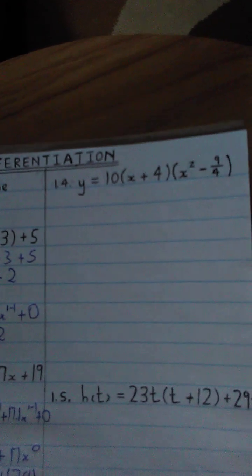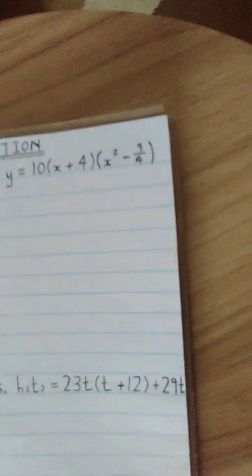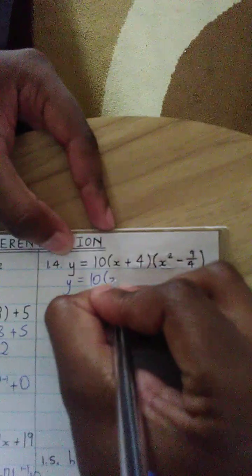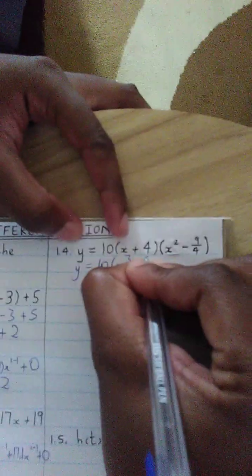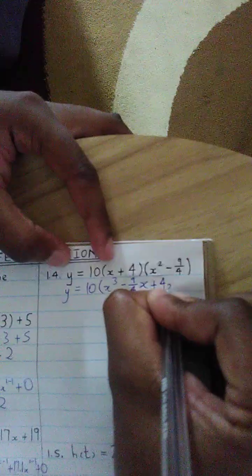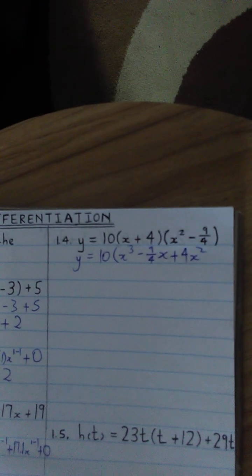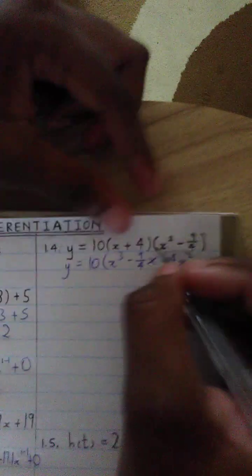1.4 we have y is equal to 10 open bracket x plus 4 close bracket open bracket x squared minus 9 over 4 close bracket. So y is equal to 10 x cubed minus 9 over 4x plus 4x squared. 4 times 9 over 4, 4 times negative 9 over 4, it's just negative 9.